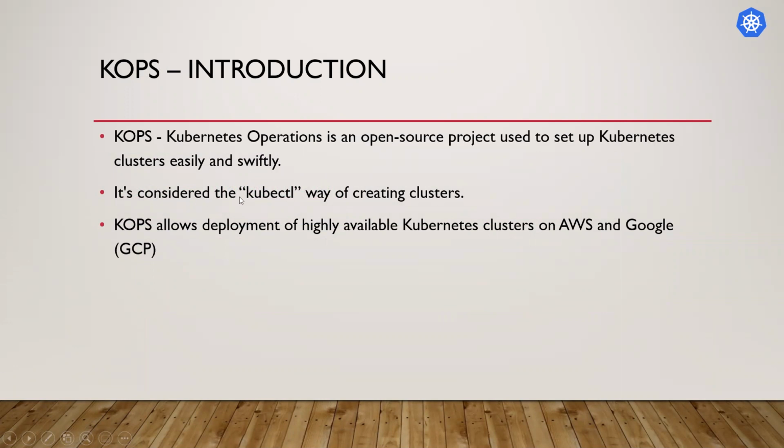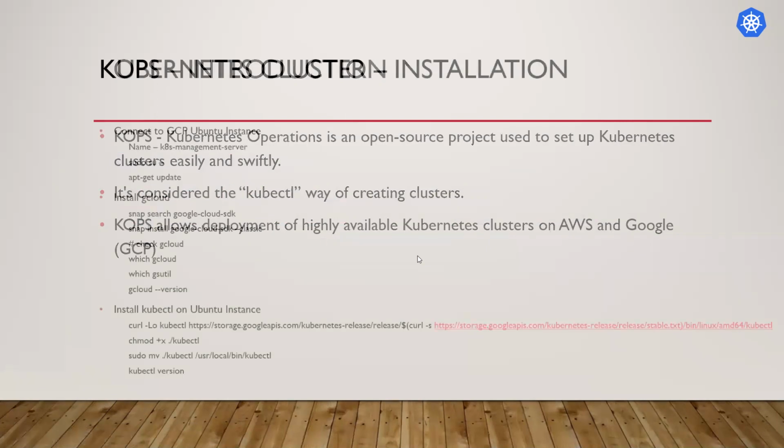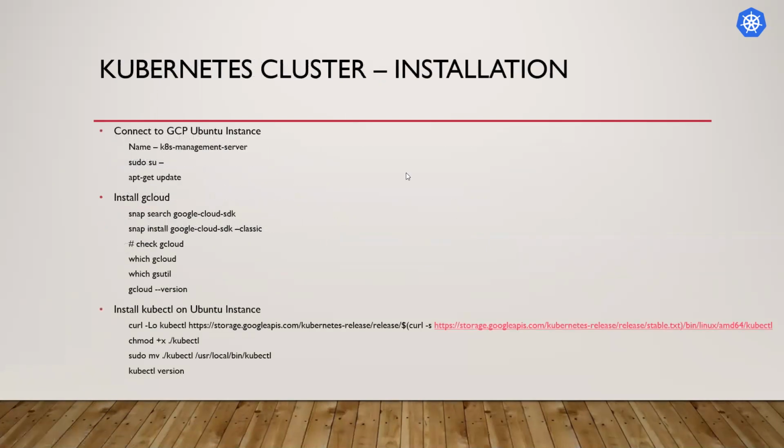It is considered a kubectl way to create clusters. We can use kops for creating the Kubernetes cluster on both cloud platforms, AWS and GCP. AWS we already covered in the last videos, and now we are covering GCP in this video.